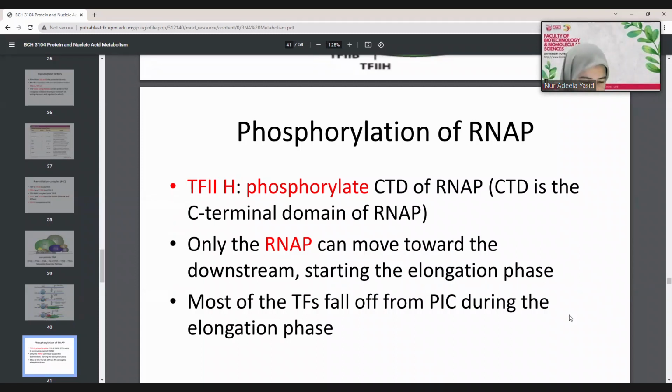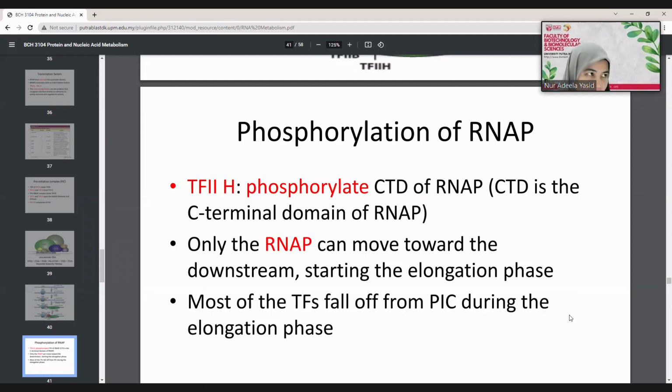Now, we know that transcription factor 2H helps in promoter melting and the completion of the PIC.